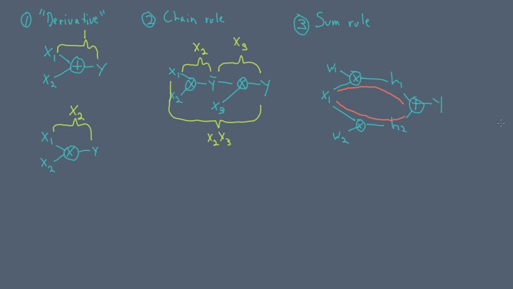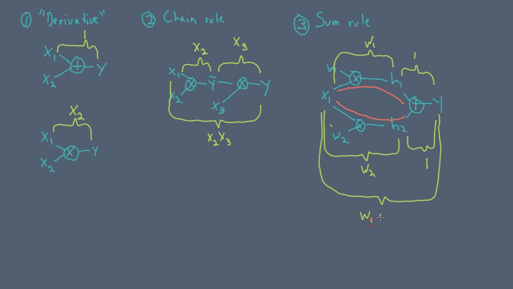So when I add 1 to x1, the intermediate variable h1 goes up by w1, but also the other intermediate variable h2 goes up by w2. So the total increase on y is going to be w1 plus w2. So that's a general pattern. When one variable affects another variable through parallel addition, the final effect is the sum of the individual series effects.